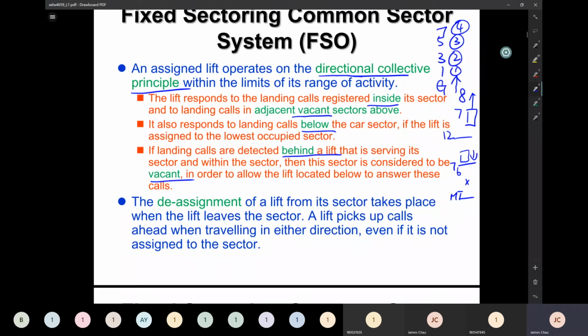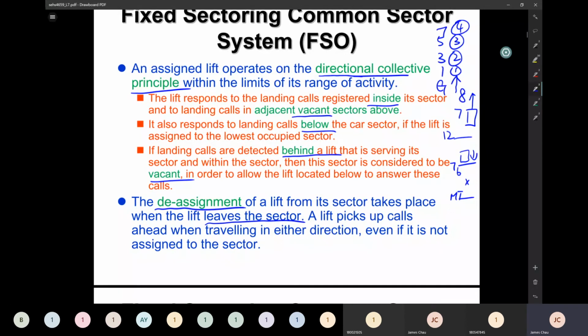Now here we also introduce the so-called de-assignment. De-assignment of a leaf from each setter takes place when the leaf leaves the setter. Okay. In any case, if the leaf is required to respond to a call to come down to the main terminal, or we have some VIP service that makes the leaf suspend, it makes the leaf leave the setter.